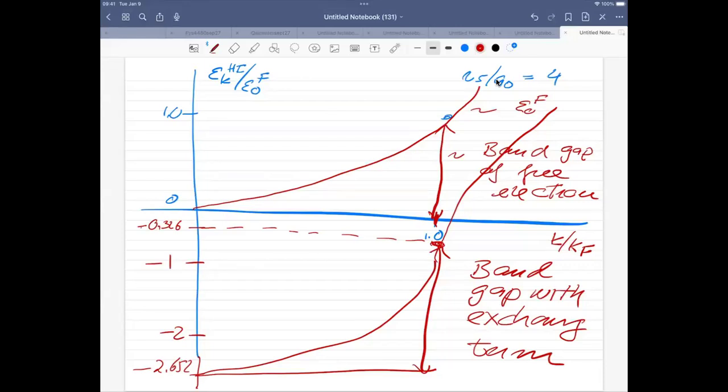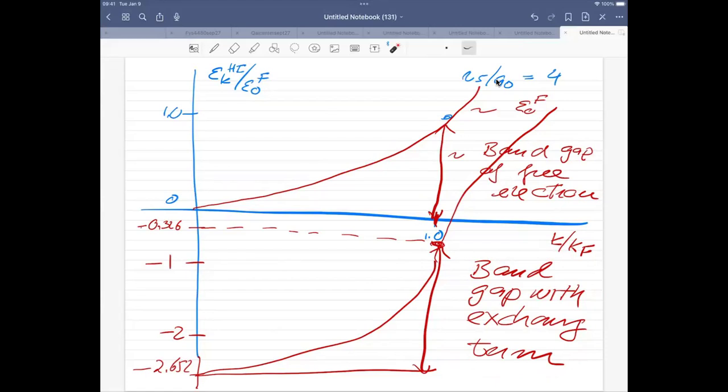We get a considerable change in the band gap from a free electron to an interacting electron. And this quantity is something which you can relate to experimental observations. Many experimentalists, like at the Center for Material Science, are doing experiments where they try to extract information about the band gap in metals, in semiconductors, and many other types of materials.